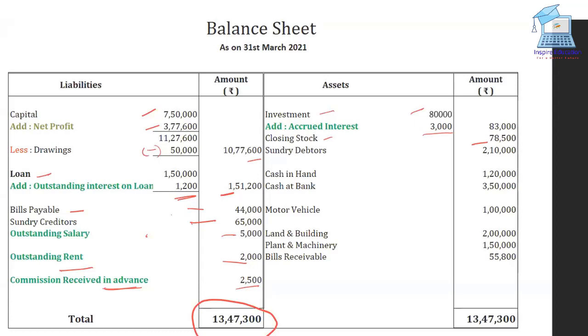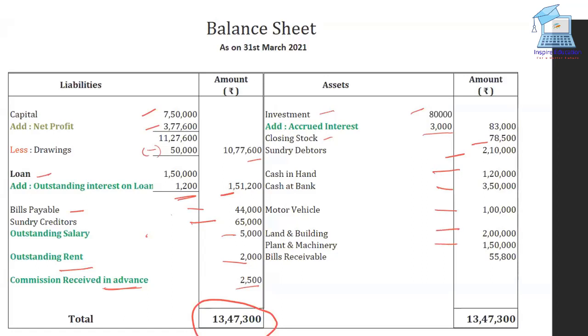Sundry debtors 2,10,000. In many examples, I have shown you that sundry debtors is an asset. Cash in hand 1,20,000. Cash at bank 3,50,000. Motor vehicle is also your asset, 1 lakh. Land and building 2 lakhs.